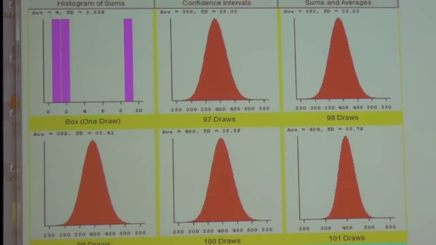And here's the expected value: the average of the box is 4, and with 100 draws, the expected value of the sum is 100 times 4, because the average of the box is 4. All right, let's go back to the document camera.